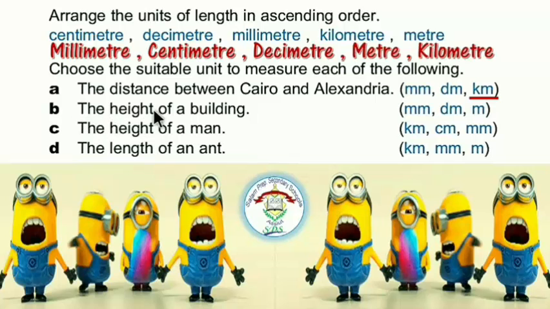The height of a building is very high, so we will use meter. The height of a man is measured in centimeter. The length of an ant is measured by millimeter.